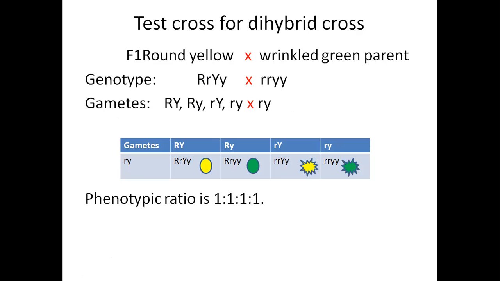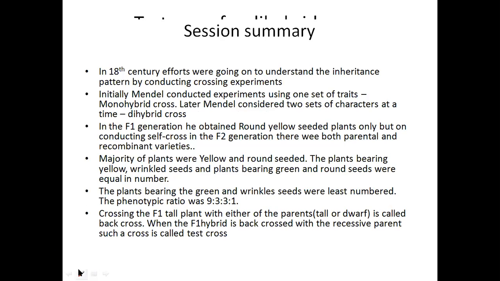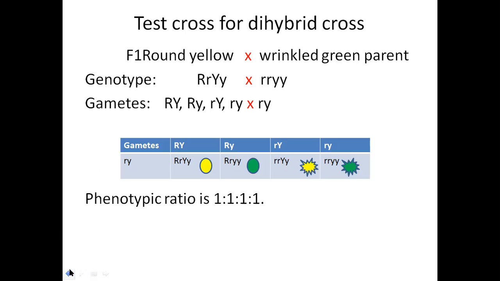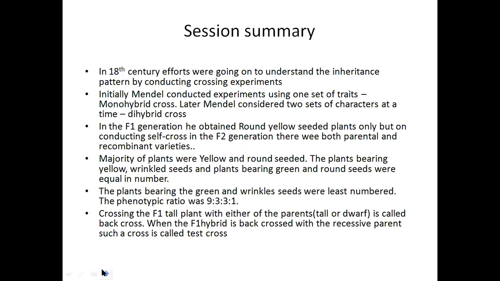This shows us the segregation of one factor is totally independent of the other factor, right? Let us go back. You can see here the 1:1:1:1 ratio. This ratio clearly indicates the law of independent assortment. This is regarding the law of independent assortment of Mendel.